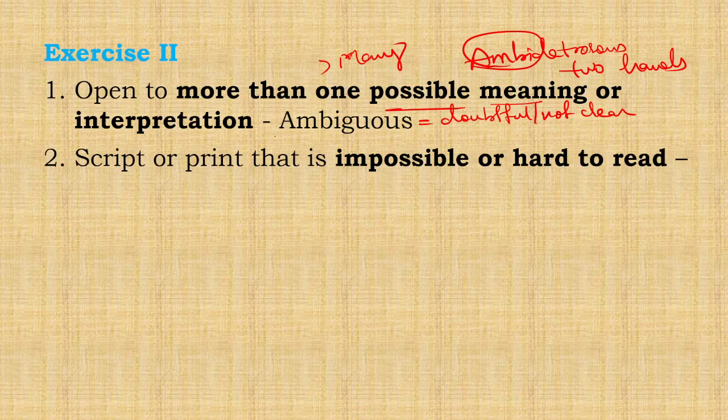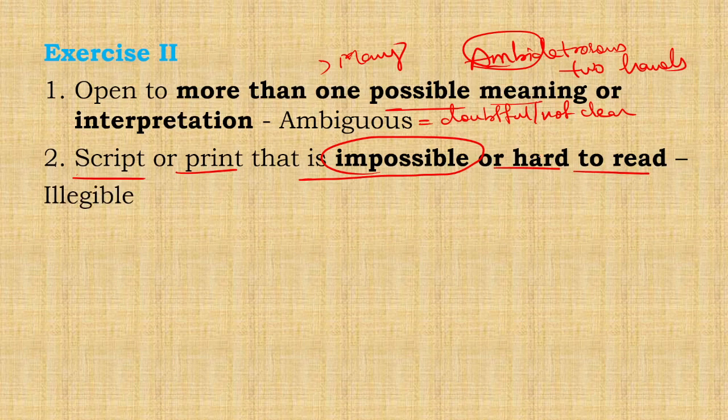Next, script or print. We are speaking about script or print here. That is impossible or hard to read. You cannot read it. It is impossible to read it. That is called illegible. Let me write one more word, legible. Legible is something which you can read and understand.